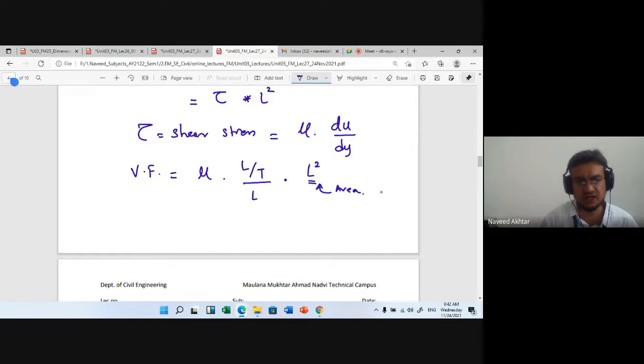This L will be cancelled. So viscous force in terms of dimension you can write as mu L square T raised to minus 1.